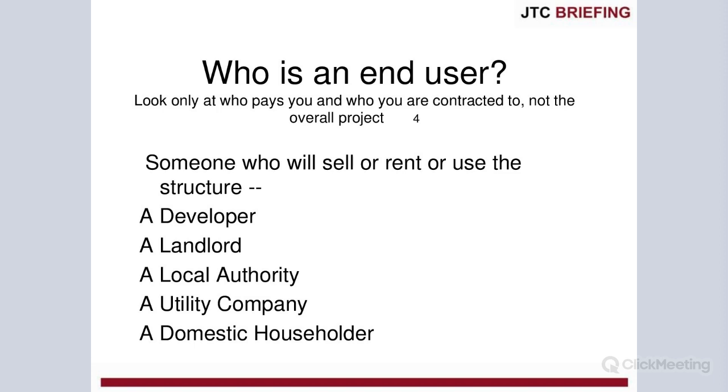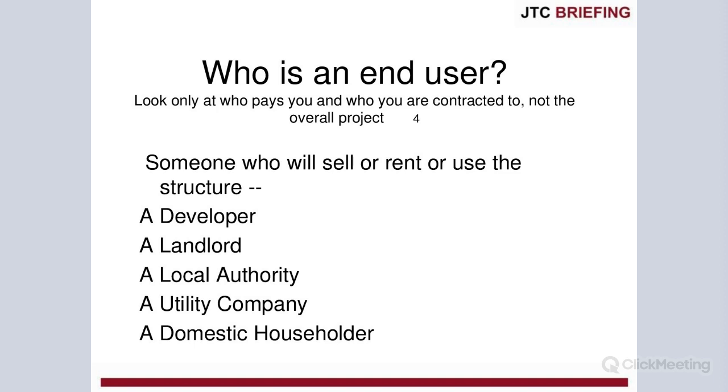But I want you to just for a minute focus on the little words under who is an end user. Because I want you always to look at who is the name on the contract with you. Not the overall project, but who are you contracted to?